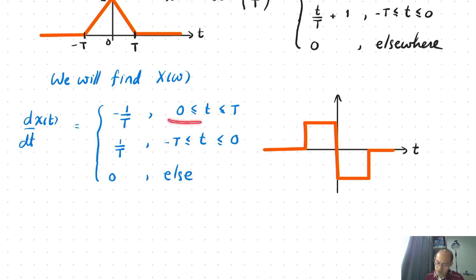So when time is positive, it is minus 1 over big T. So this is big T here, minus big T here, and this is 1 over big T. This is minus 1 over big T. This is 0. And so this is big T over 2. This is minus big T over 2.